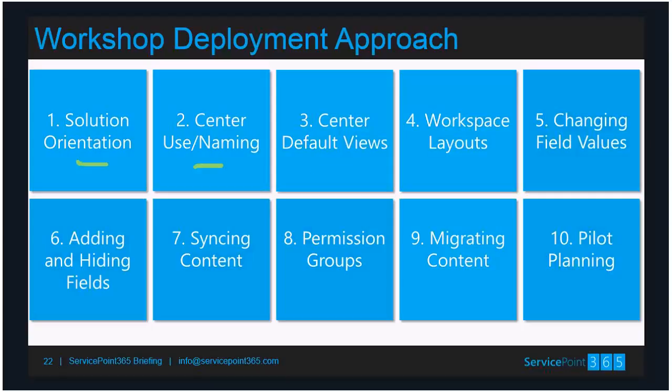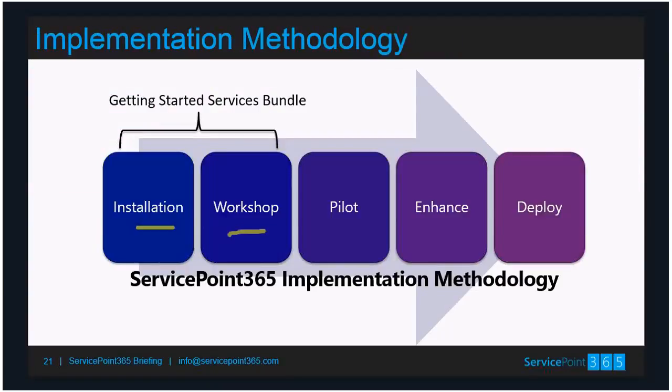We talk about what you want the default views for each center to look like, meaning which fields you want to show up whenever you go into a center and be able to manipulate. We talk about the workspace layouts and what the template looks like, all the different sections, and if you want to turn off a section, you can do that, and we actually will do that in the workshop and begin to mold or configure the environment so that whenever they come out of this workshop, the environment is maybe not fully configured the way the client wants, but it's pretty close. You're starting to get there.